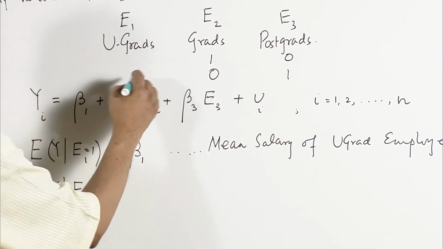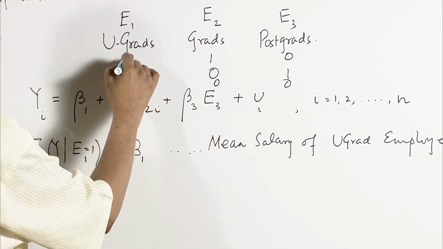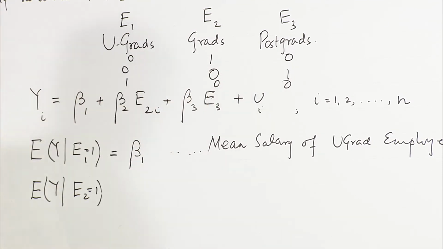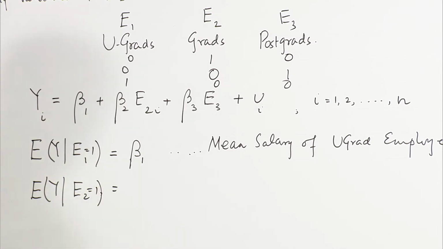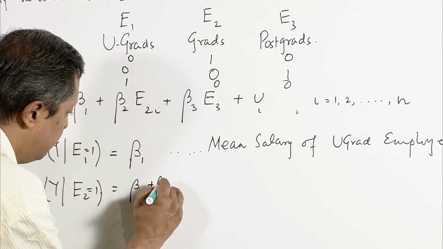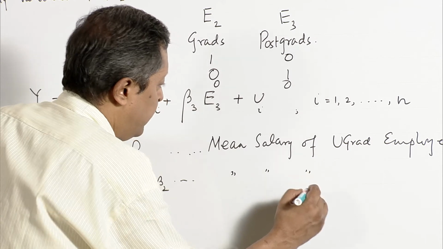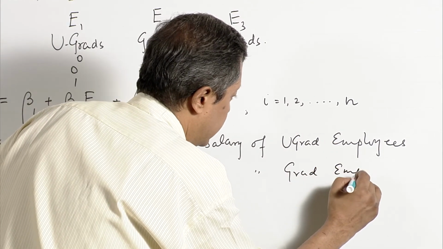Of course, if this is 1, then both are 0. If this person is an undergraduate, that means neither graduate nor postgraduate. In this case, if E2 is equal to 1, then it is beta 1 plus beta 2. So, this is the mean salary of graduate employees.